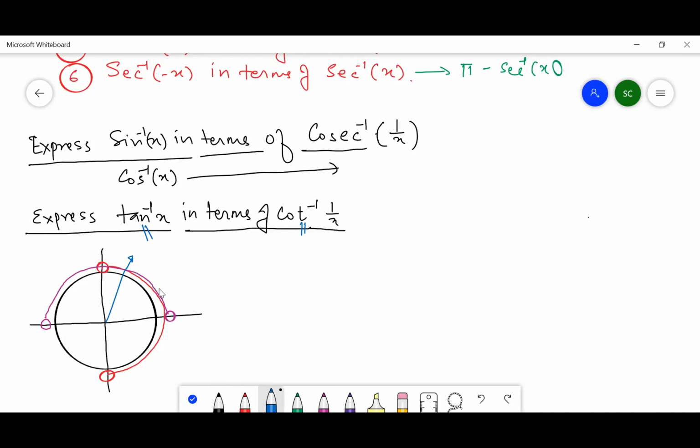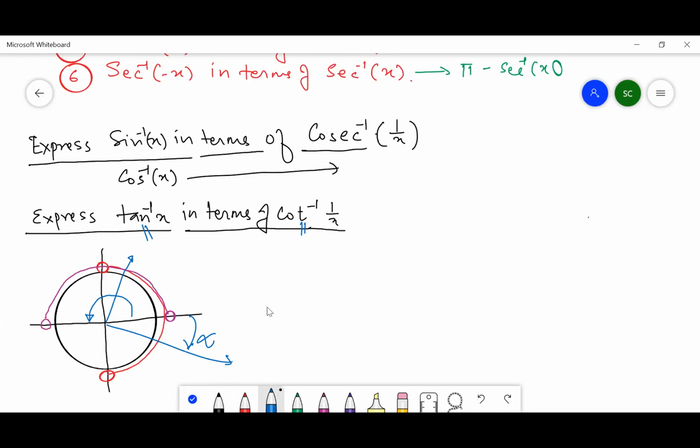However, if your value of tan inverse x, that is this angle, is in the fourth quadrant, then this angle alpha will never be given by the cot inverse function, because cot inverse will give you all the angles from here to here, 0 to pi, excluding 0, excluding pi. And you are looking for some angle which is between minus pi by 2 to 0. So that is the difficult situation.